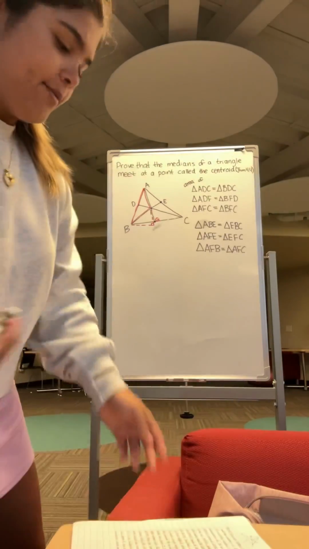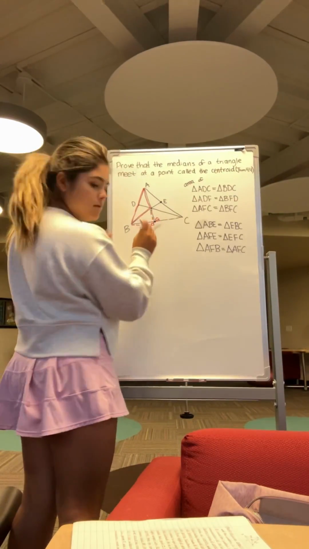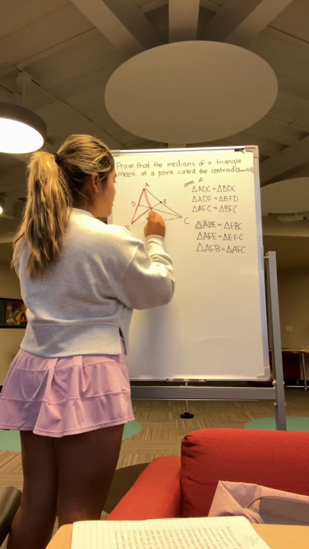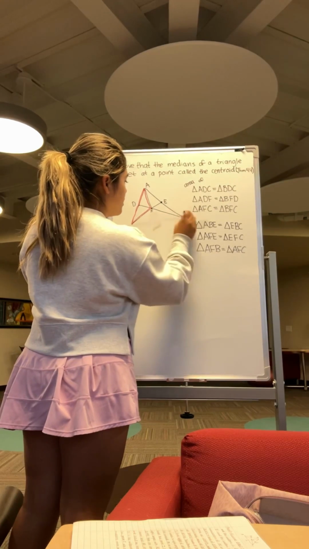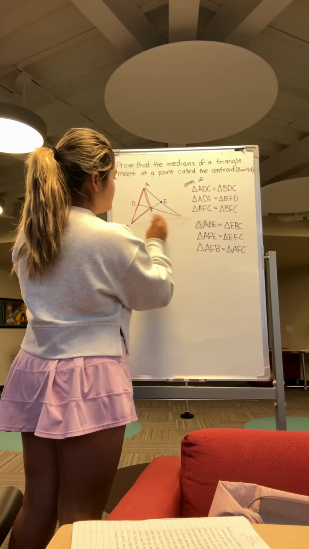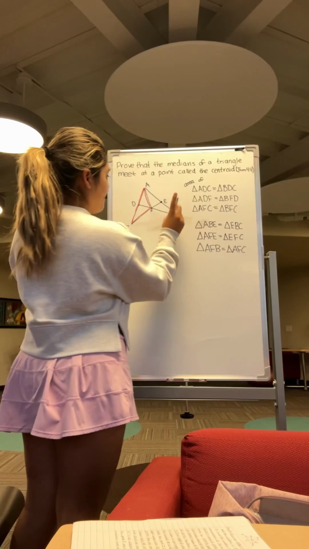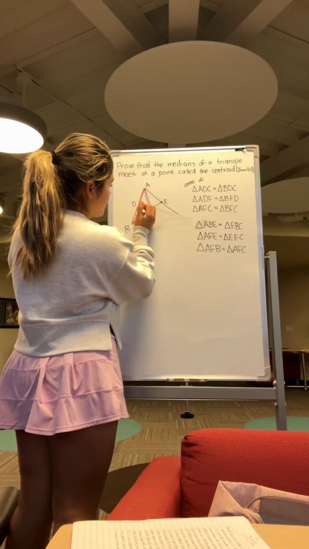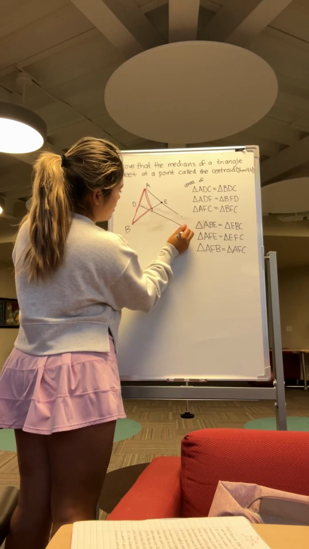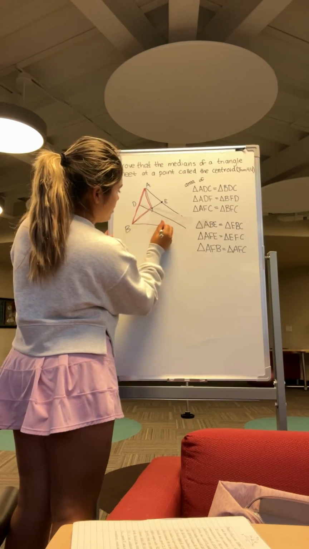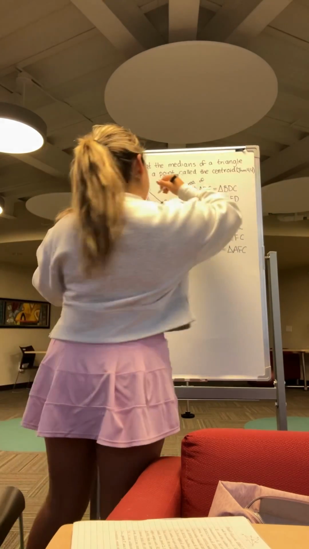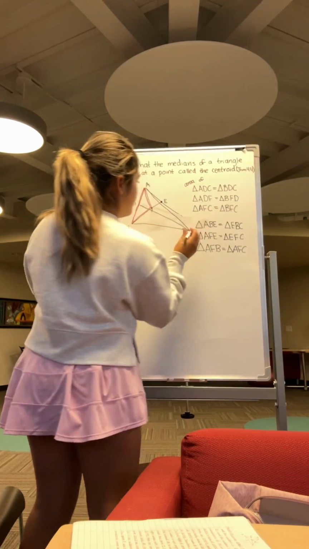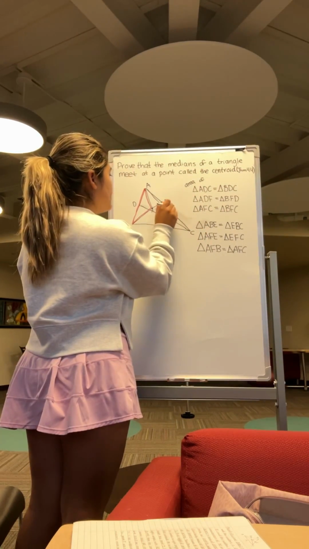Let me draw this another way so that you can see it a little bit better. Because right here it's not going to show up. Okay, I'll draw this a little bit better here. I'll draw this one right here. Okay, sorry. This way it's more evident.